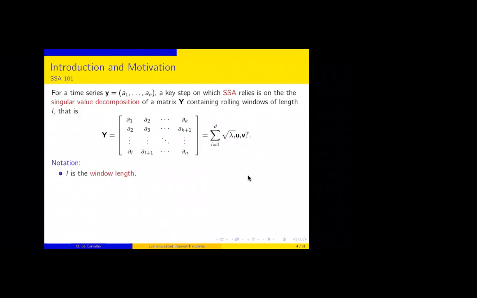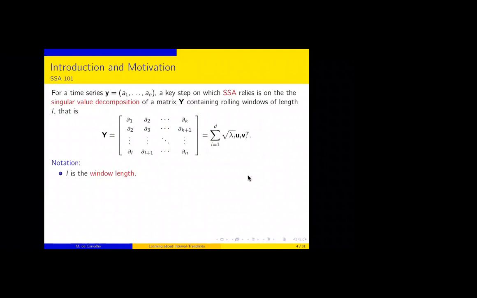Of course, it is more complicated than that because this is still a matrix. But the idea is that we move into this space of matrices, use linear algebra to decompose this object, and then move back into the space of time series. That's roughly the idea.